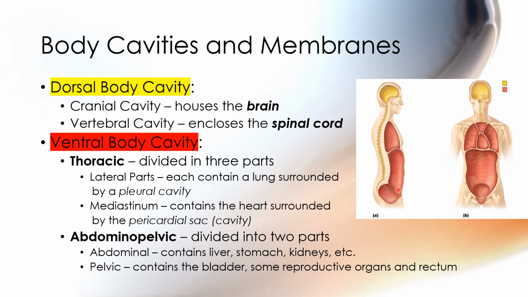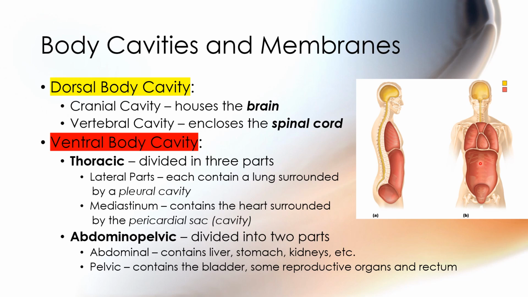So here in this picture, abdominal cavity and pelvic cavity. So this is actually divided into two parts. So the thoracic, we have 3 parts, and then the abdominopelvic, we have 2 parts. So the ventral body cavity is actually divided up into 5 different sections.